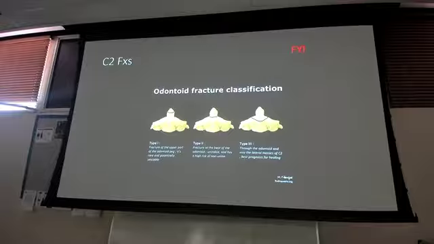This is extremely unstable with just this little tip here. This one here, we can keep it in a C-collar. That's down to the main body of the vertebrae. That's going to heal real nicely. It's going to be in a collar for a while, but it's going to heal real well. That tip of that odontoid, not so much.